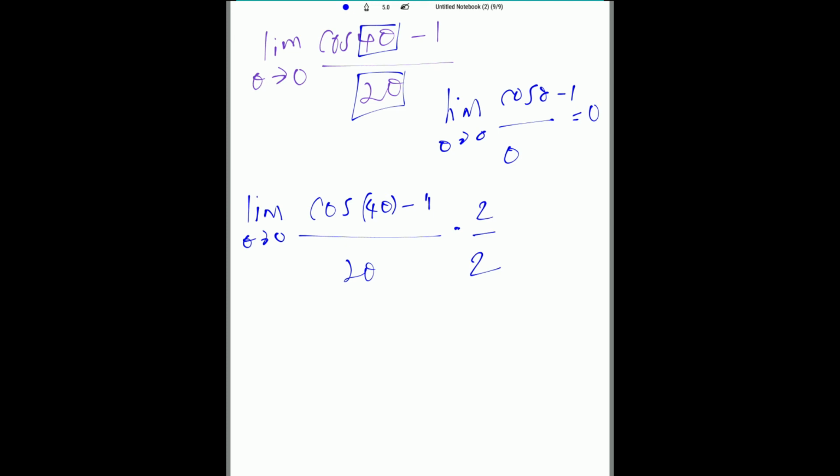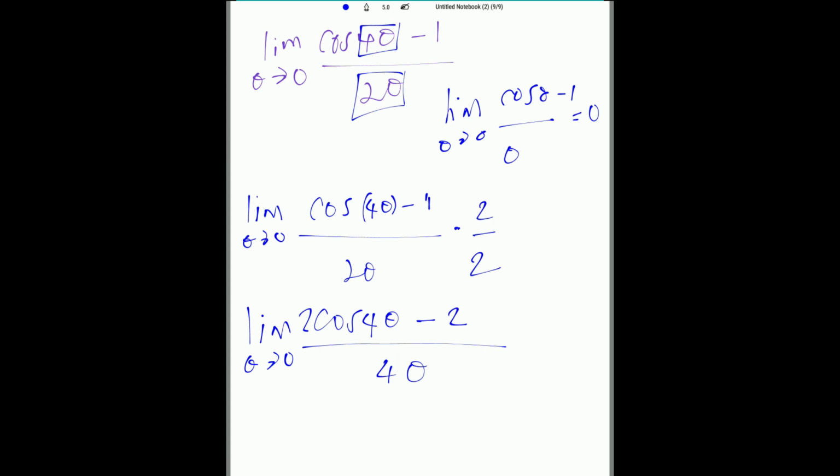So what do we get? We're looking for the limit of 2 cos 4 theta minus 2 all over 4 theta as theta approaches 0. So now we have what we want.